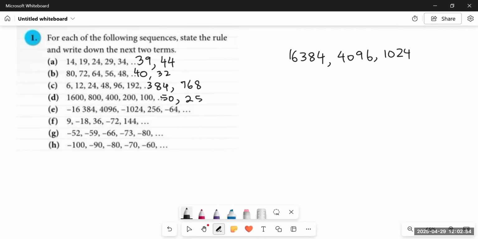Of course not, because the first number is negative and the other one is positive. Can we subtract anything from 16,384 to get 4096? No, because if we subtract anything, we will get a negative number.